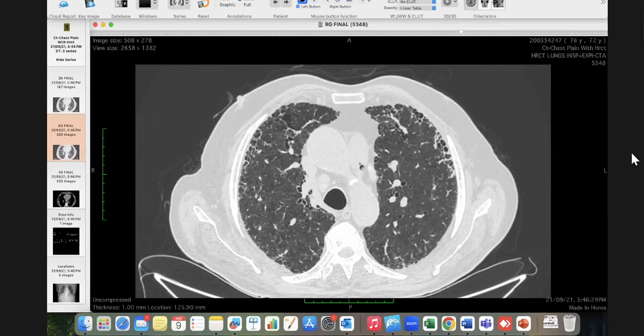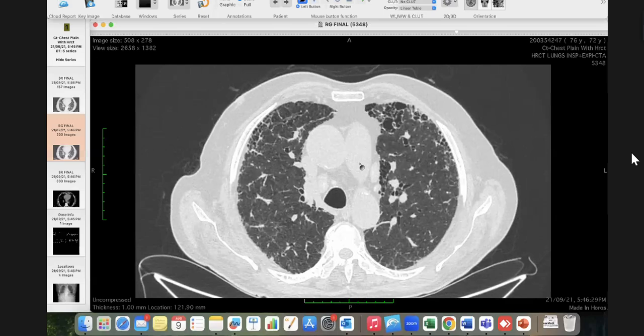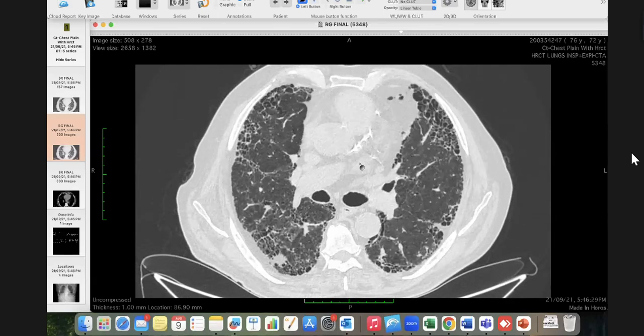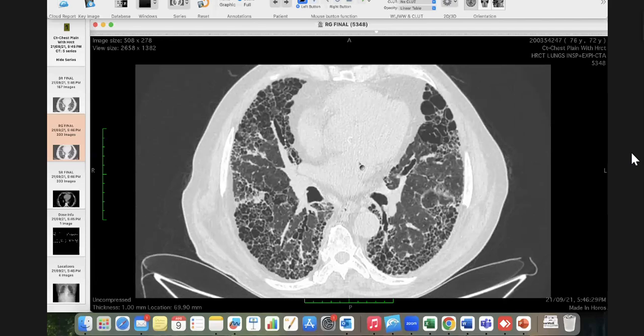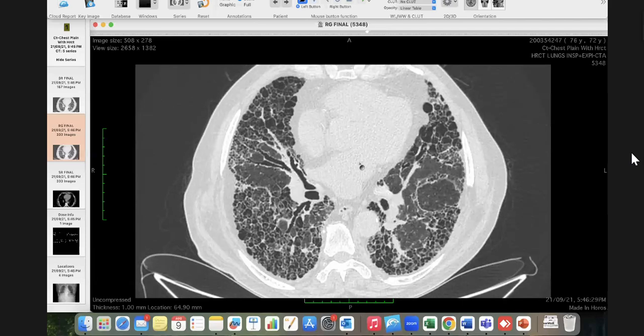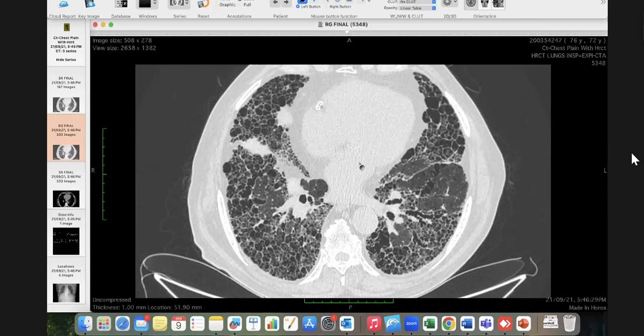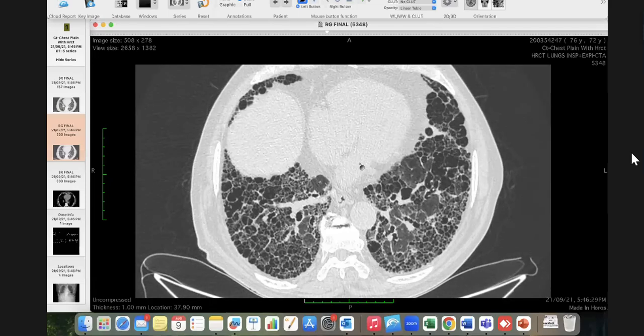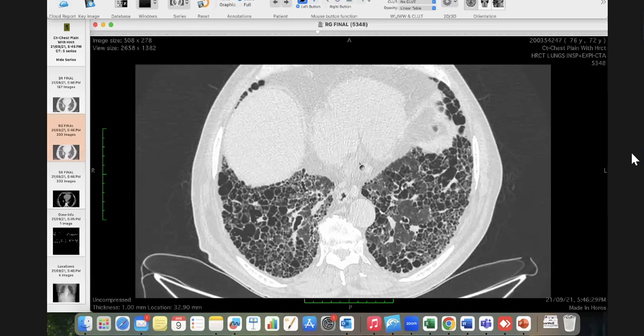And as I go down, I notice that all these findings are increasing till I come to the lower lobes, where these findings are basically profound with lots and lots of honeycombing. What is important to note is I do not see any areas of ground glass opacification.